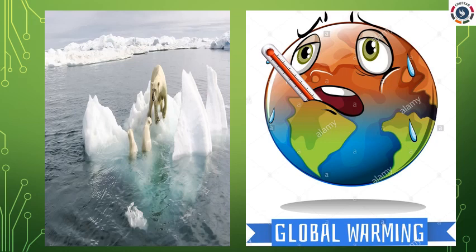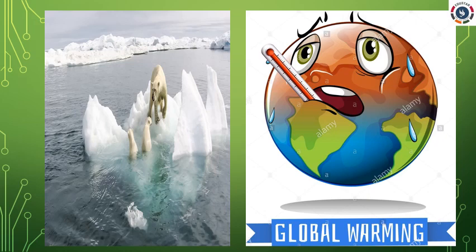The burning of fuels in houses, factories and vehicles releases poisonous substances in the air, causing air pollution. The burning of carbon-based fuels like wood and petrol increases the level of carbon dioxide in the air. An increase in the level of carbon dioxide in the air causes global warming.